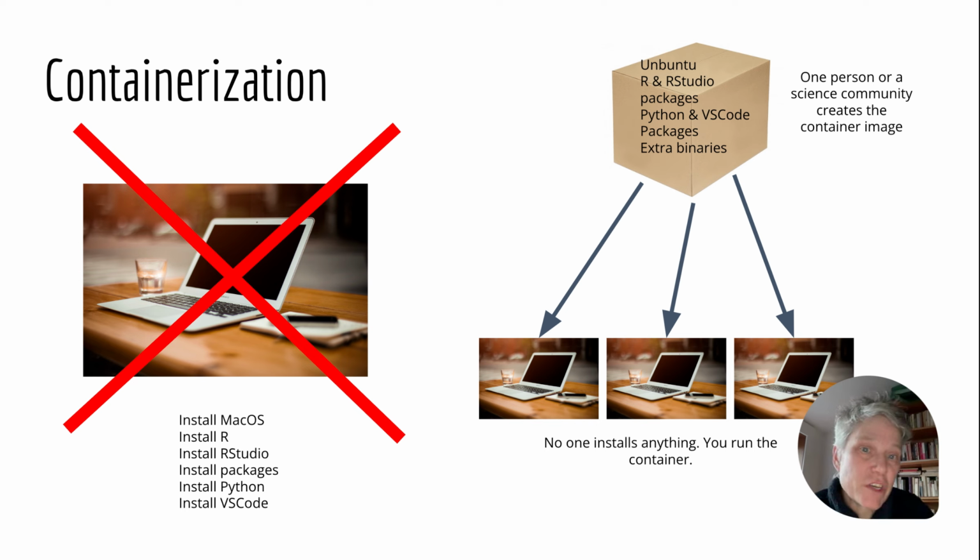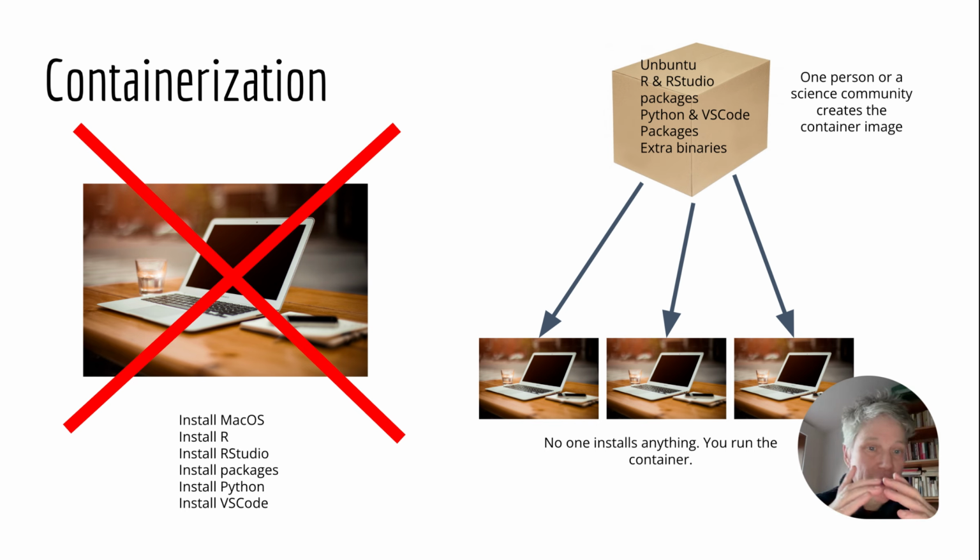In containerization, we create a container, it's like a package, and that is this self-contained thing that has our operating system, all the packages that we need, any binaries, and it's all self-contained.